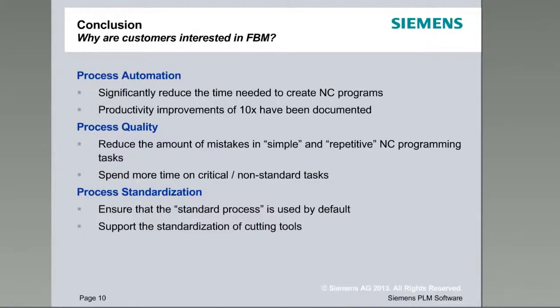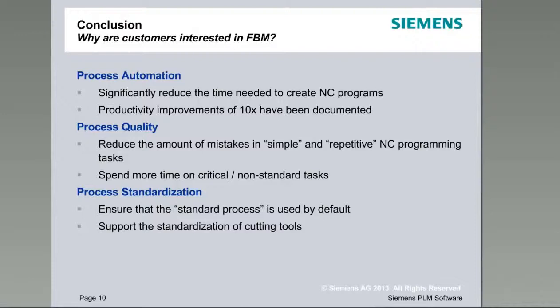It can increase your process quality because you will always get the same standard best practice results, and it will avoid people making mistakes on simple and repetitive work, and it will also improve standardization, not just on standard processes but also on standard tools.